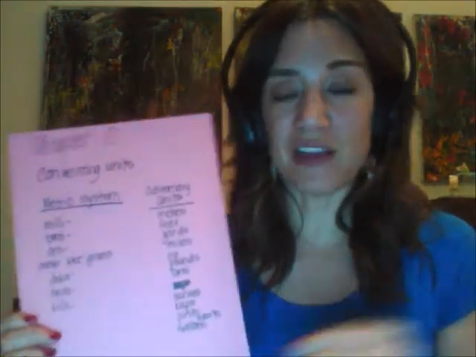So the metric system is based on meters, liters, and grams, and we use prefixes to indicate what the precise measurement is. For example, a millimeter, which you're very familiar with already because we've covered it in science, is 1/1000th of a meter. A centimeter is 1/100th of a meter.